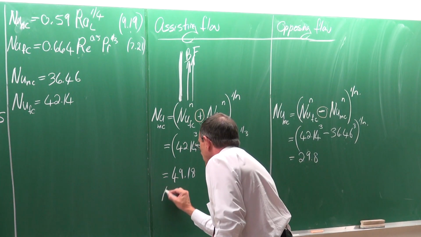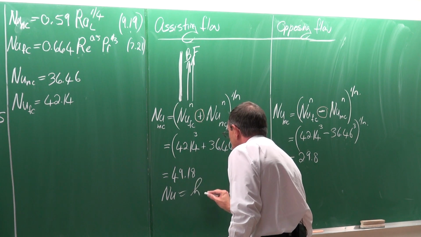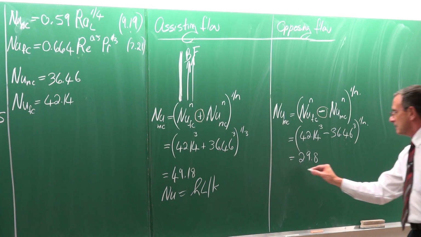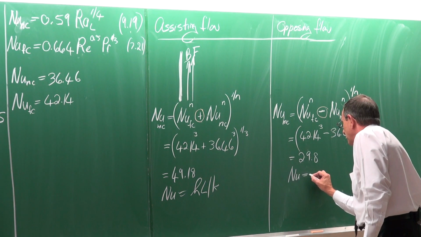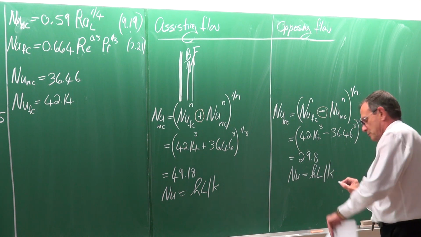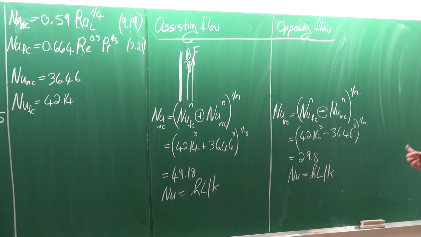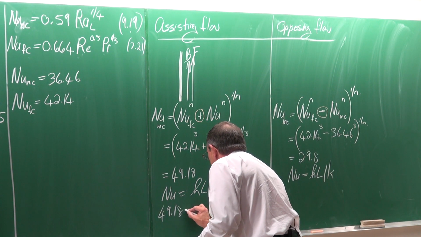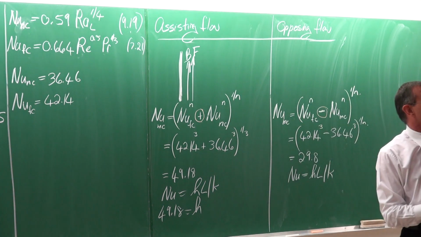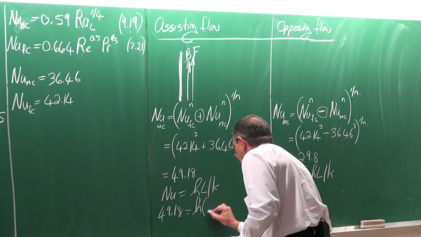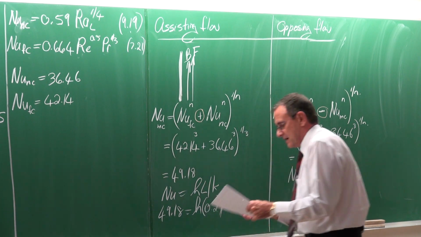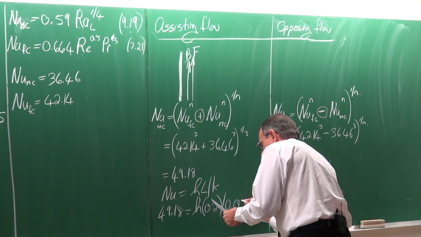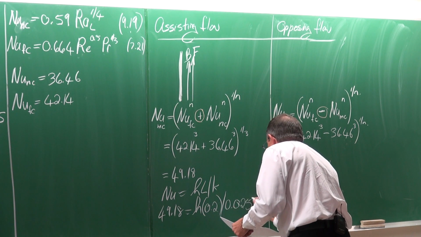Right, the Nusselt number is equal to the heat transfer coefficient multiplied by the characteristic length divided by k. For this one, the same: the Nusselt number, 49.18, is equal to the heat transfer coefficient, which is what we want to determine, multiplied by L, the characteristic length, divided by the thermal conductivity k, which is equal to 0.02588.